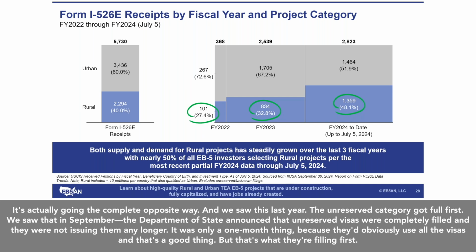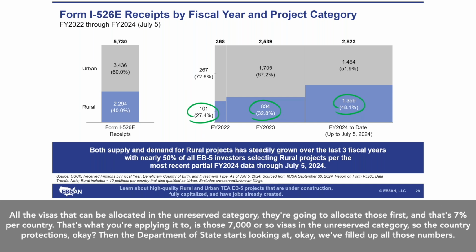It was only a 1-month thing because they'd obviously used all the visas, and that's a good thing. But that's what they're filling first. All the visas that can be allocated in the unreserved category, they're going to allocate those first. And that's 7% per country. That's what you're applying it to, those 7,000 or so visas in the unreserved category.